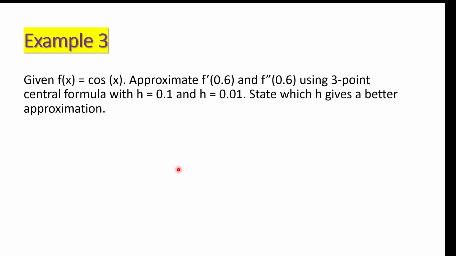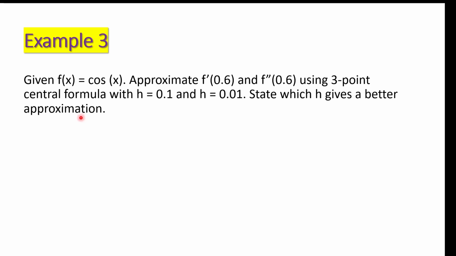So now the question just focuses on the 3-point central formula for first and second derivative, and we would like to conclude whether a smaller h or a bigger h will give a better approximation. Since this is an exact function, you can differentiate to get the exact solution, and hence we can find the absolute error.